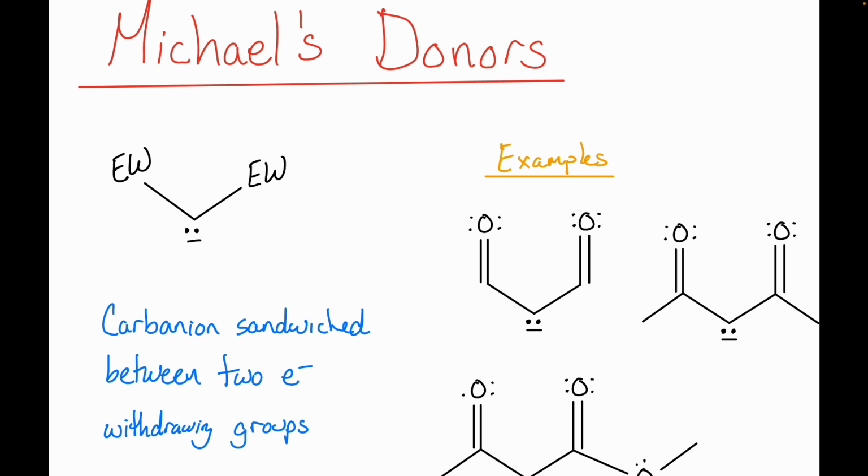We made a big stink last lecture about how in order to create an enolate ion, we had to use a really strong base like sodium hydride or LDA. We don't have to worry about that in this case because it's sandwiched between these two carbonyl groups. These hydrogens are way more acidic than if I just had one electron withdrawing group. So they're actually fairly easy to remove.